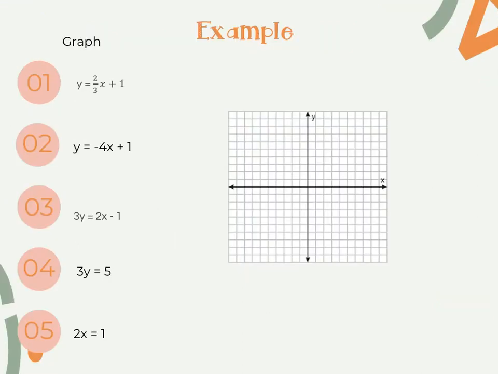We're going to graph them all on the same graph, so I'm just going to color code them. I'm going to graph this first one. There's a lot of different methods you could use to graph, but if it's in slope-intercept form, which that first one is, then my recommendation is to start at the b, which is on the y-axis, and then use the slope to get the additional points.